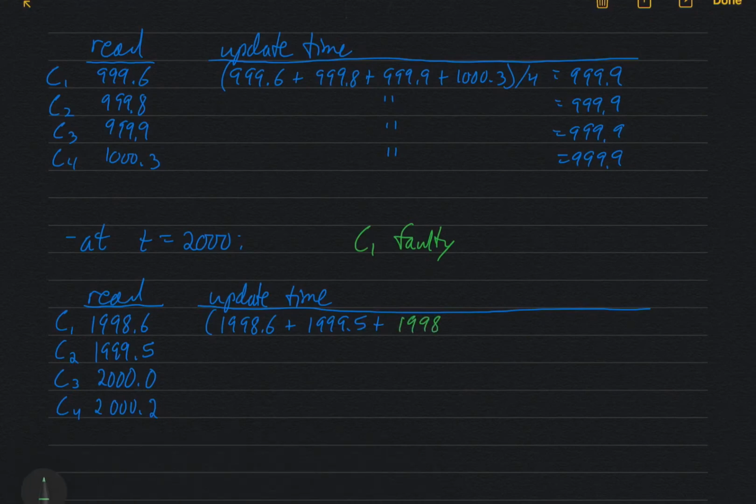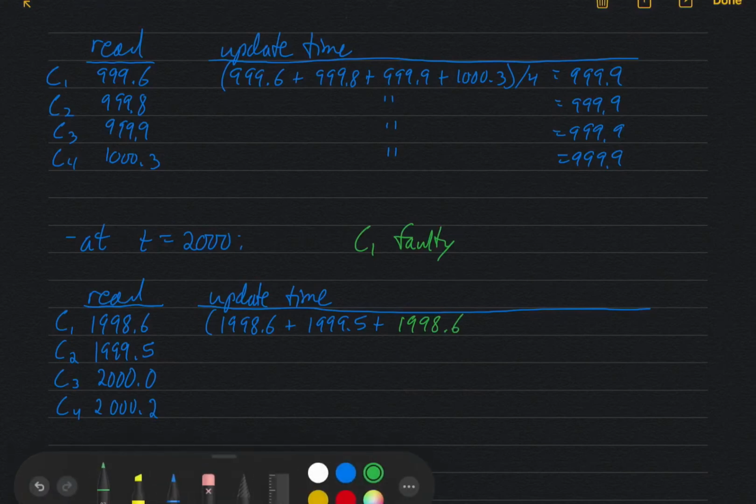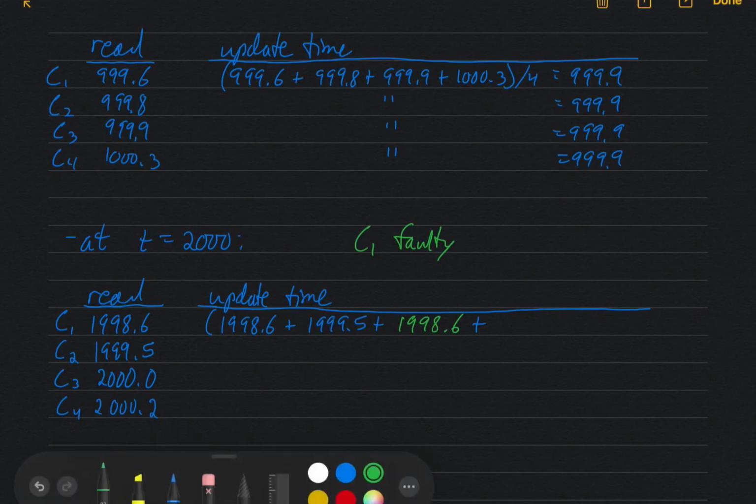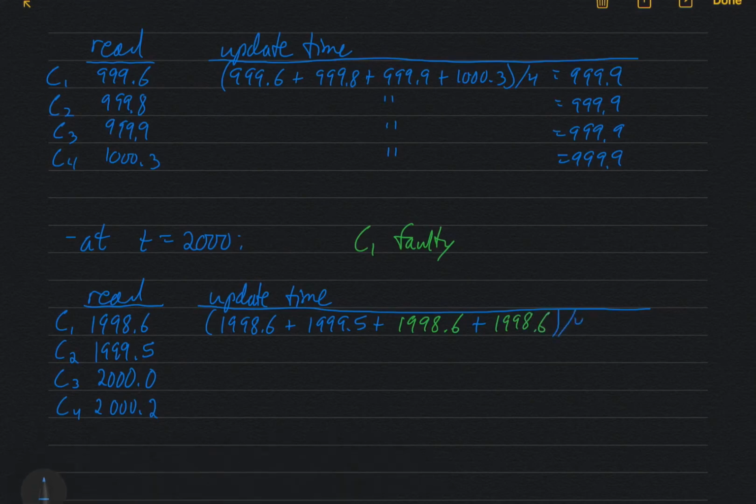So this is the convergence algorithm in action. And then when it receives clock 4's time, that is also not within epsilon of its own time. So it will replace that with its own time. Divide that by 4, and we get 1998.825.